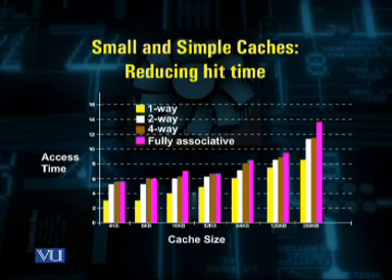So from this, we can say that the lower associativity caches, that is, the simpler caches, have smaller hit time than the higher associativity caches, which are relatively complex.